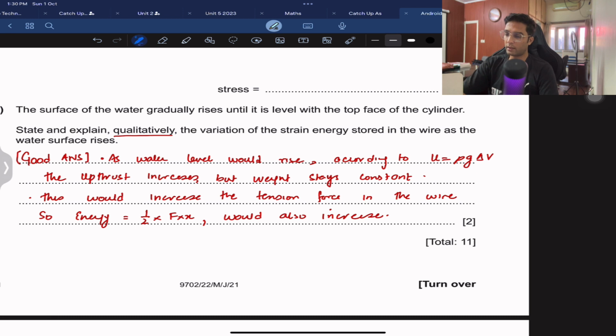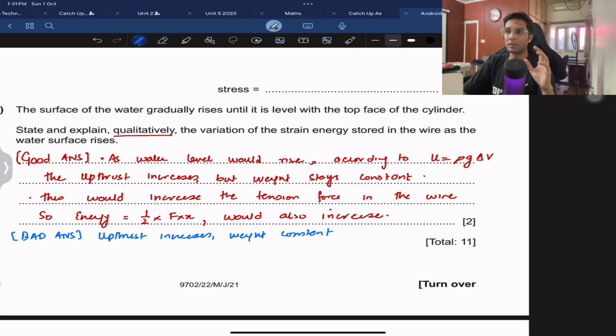Then you guys need to remember that a bad answer for this one that might give you the full mark would be a marking scheme style written. That would be upthrust increases, weight constant. Alright, so this is how they write marking scheme, just to save time, and you guys are copying that.